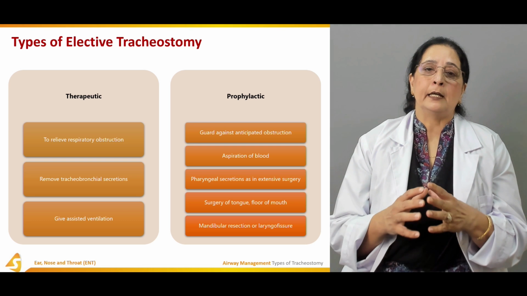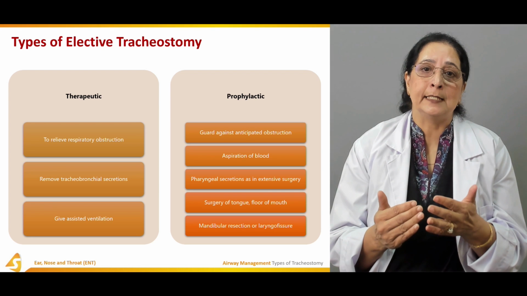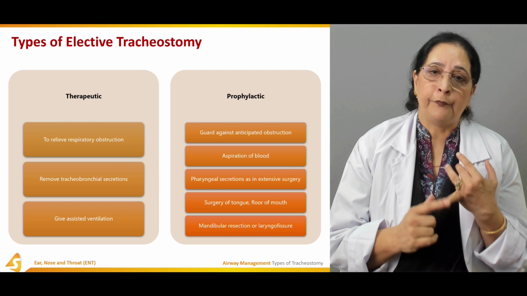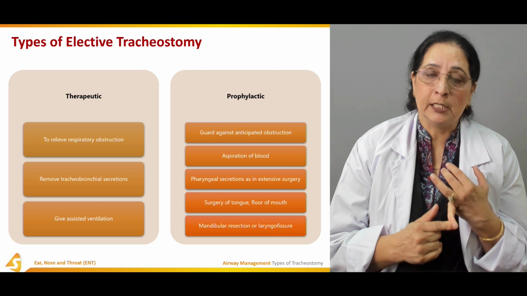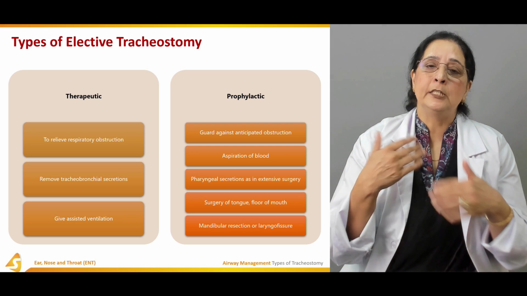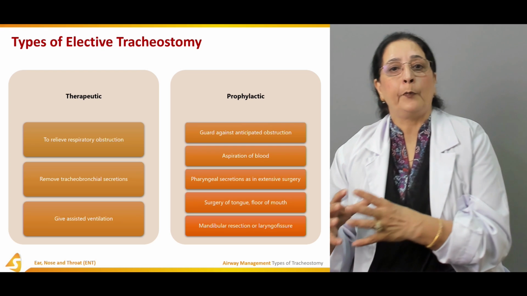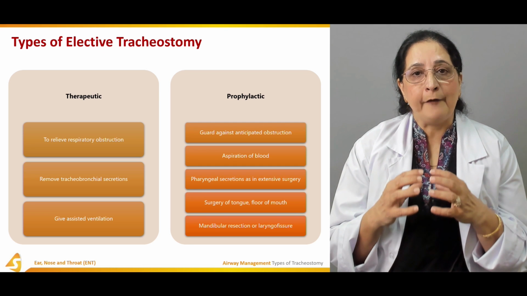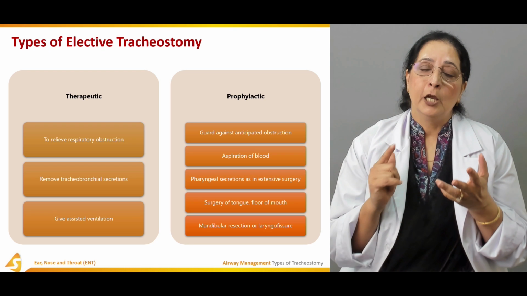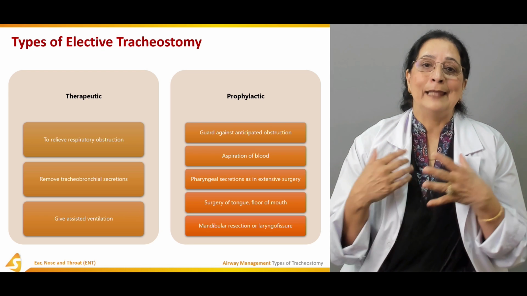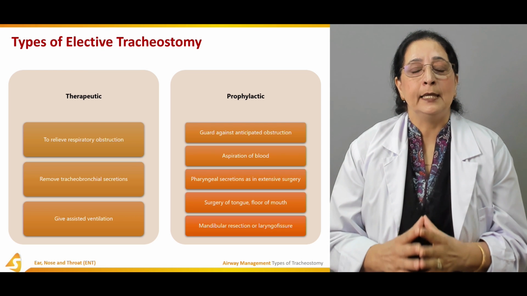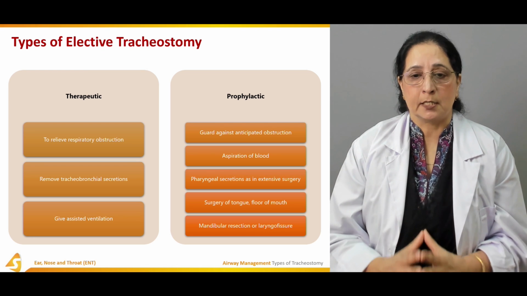So all these are the different indications we can say of elective tracheostomy, which can be performed therapeutically to treat some conditions, or prophylactically to prevent some conditions from occurring, to prevent aspiration, to prevent obstruction that might occur. So these are the indications of the elective tracheostomy.